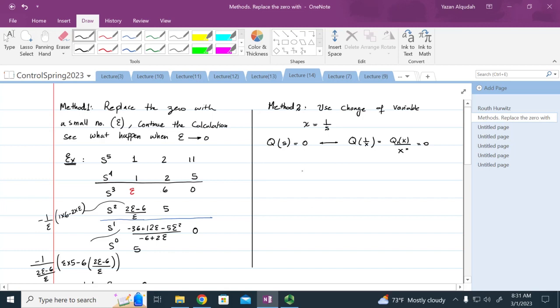So this means the roots of q of s and q of 1 over x are reciprocal of each other. And therefore stability is not affected.